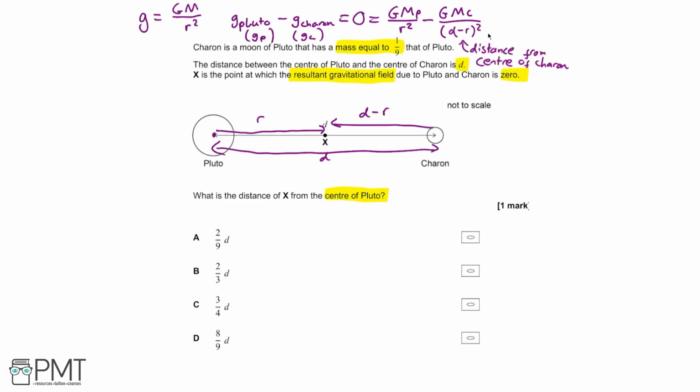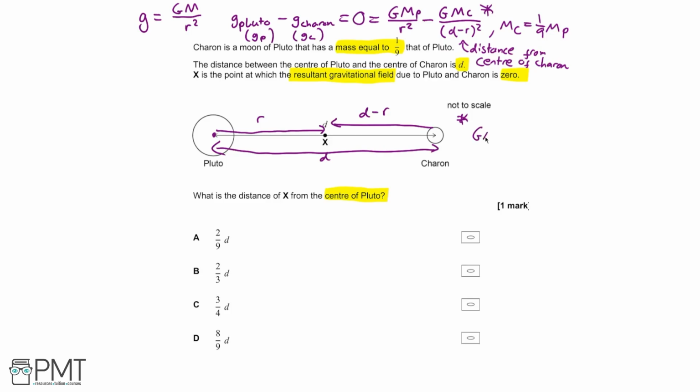Next, we use what we're told in the question, that Charon has a mass of 1/9 that of Pluto, so MC is equal to 1/9 times MP. What that means is that we can rewrite our equation like the following.